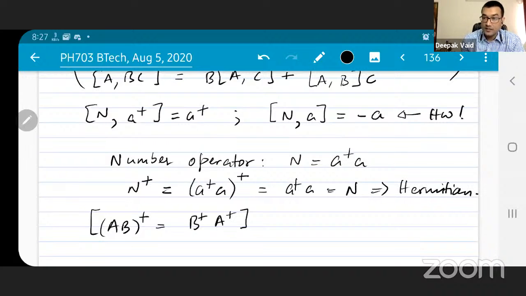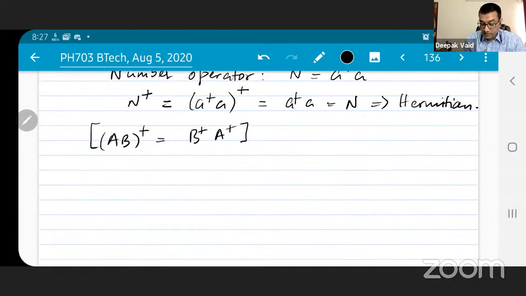So this means it's Hermitian. We know from our previous results that Hermitian operators have real eigenvalues, and that their eigenstates form a complete basis for the Hilbert space.